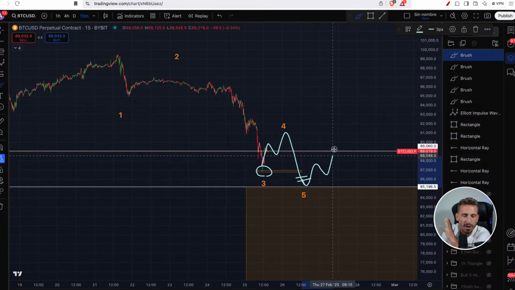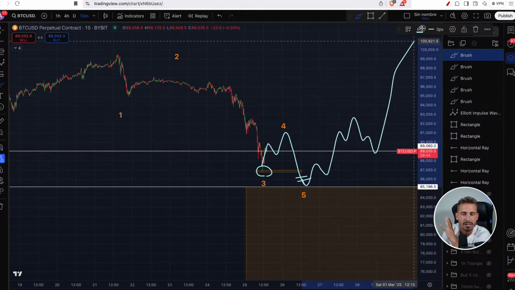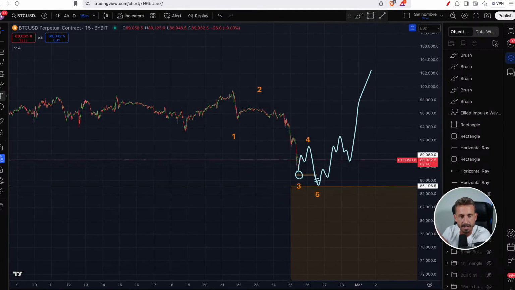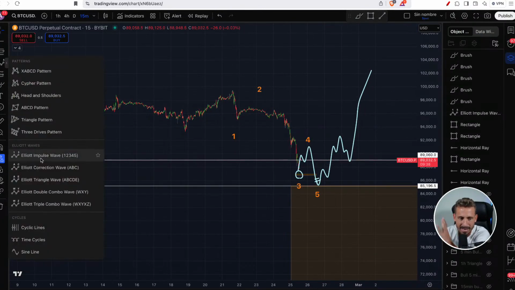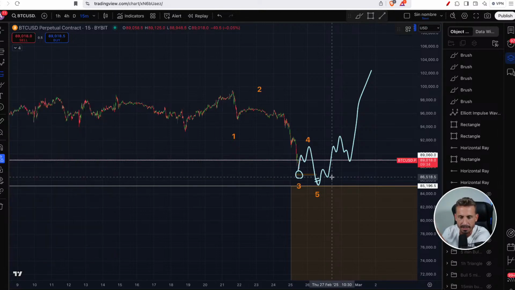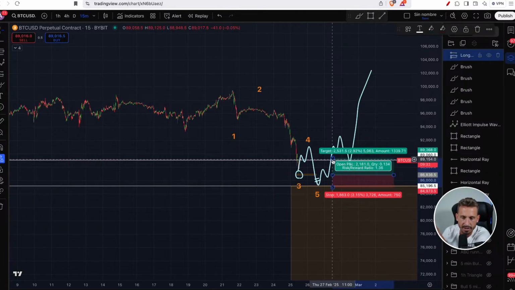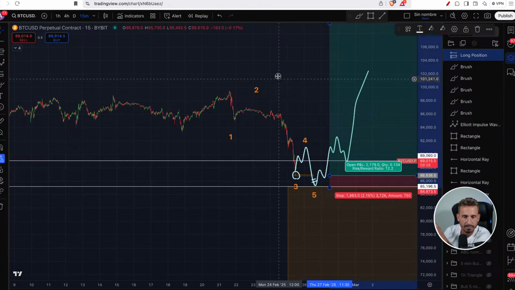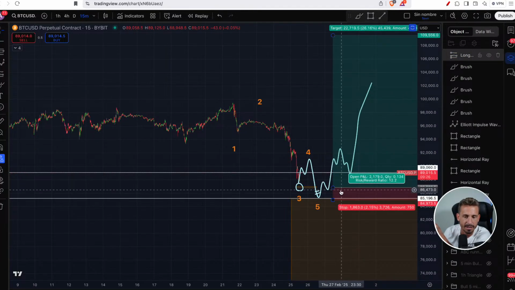This will turn out into a swing trade position. You don't need to go too crazy. You can risk peanuts, because if this does play out in the next coming weeks, your long position is looking something like this, right? You don't need to go crazy with the amount of risk that you're having here.